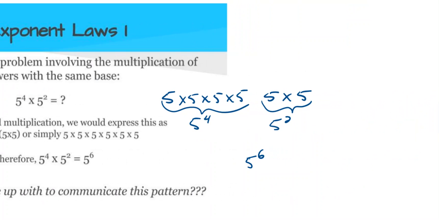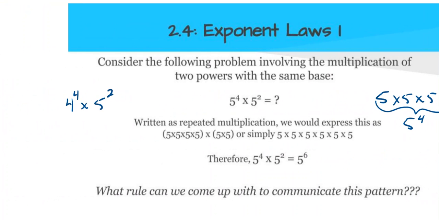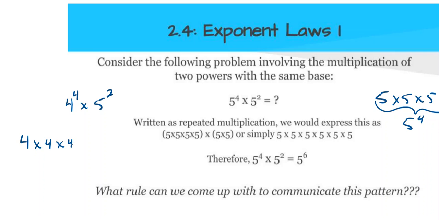This one would just be 4 times 4 times 4 times 4, and this would be 5 times 5, right? I can't write that as 5 to the power of something, and I can't write it as 4 to the power of something. I just have to keep those things separate. What you have to do is figure out the 4 to the power of 4 and then 5 to the power of 2, and then you have to multiply those. That's the only thing you can do when they're different bases, yeah.